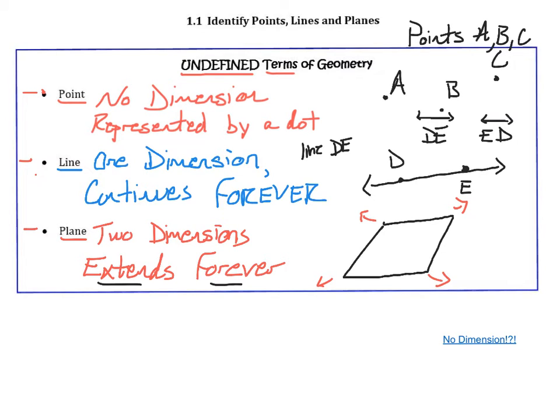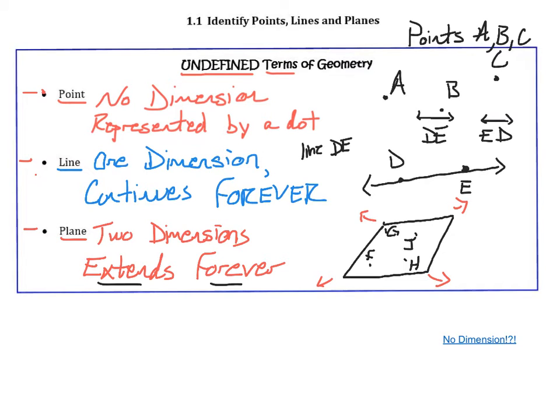In addition, there should be some points on it. We used D and E, so we'll pick up where we left off. We'll say F, G, H, maybe there's another point, J or something. Now, the next thing is naming this.